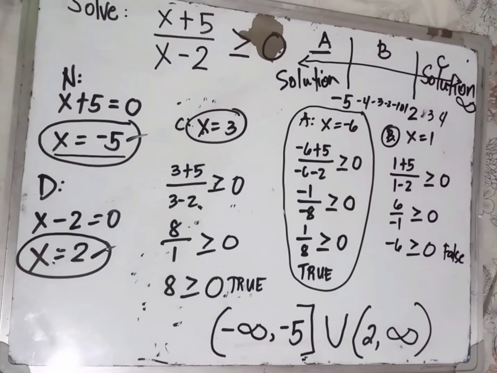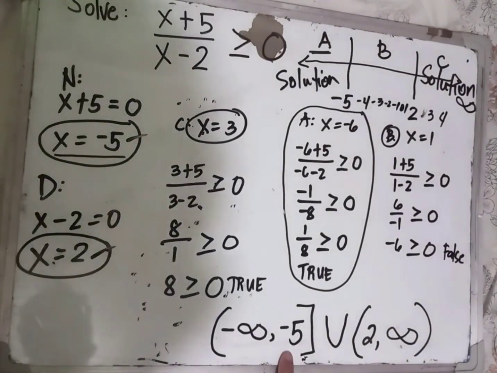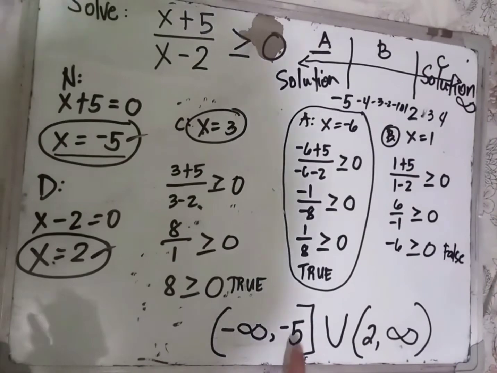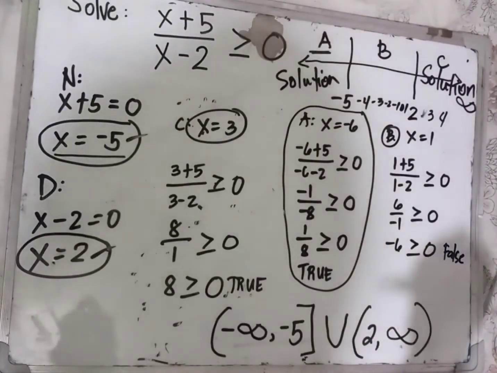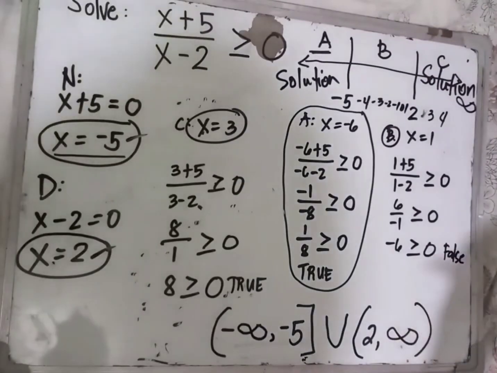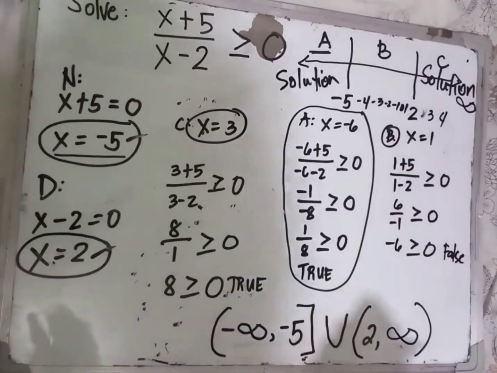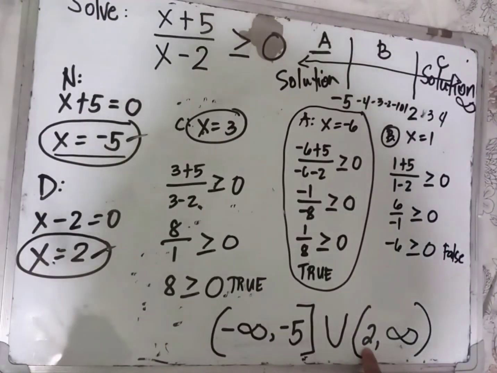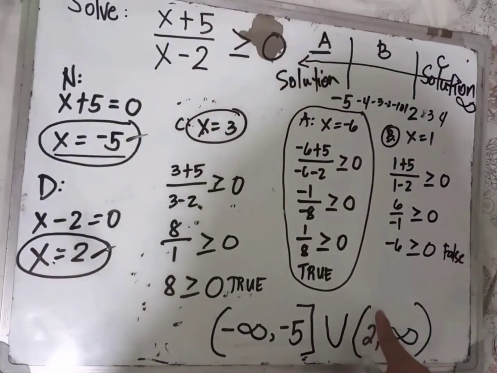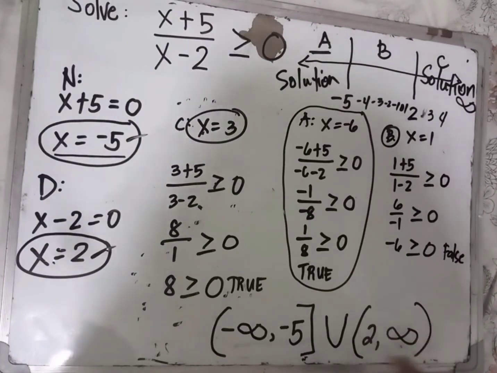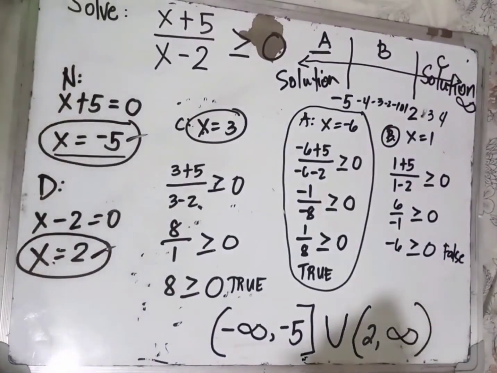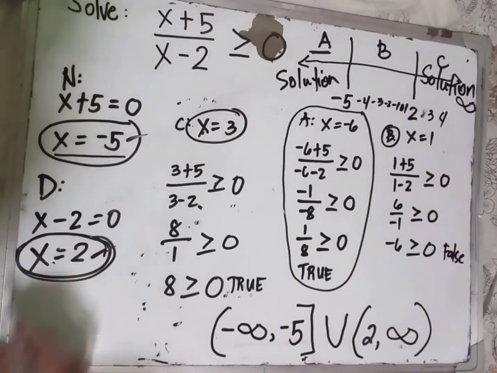Yes, bracket kasi negative 5 is included sa solution. Lagyan lang natin ng bracket yung meaningful numbers. Tingnan natin yung positive 2. Parenthesis lang ang nilagay kasi positive 2 is not included of the solution, but still it is a meaningful numbers.